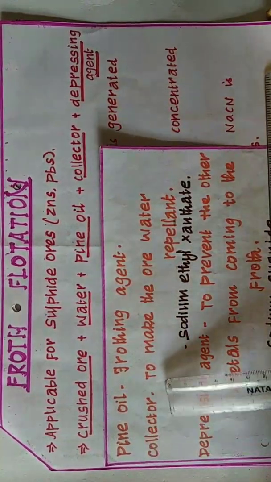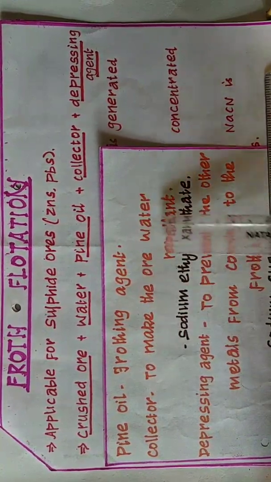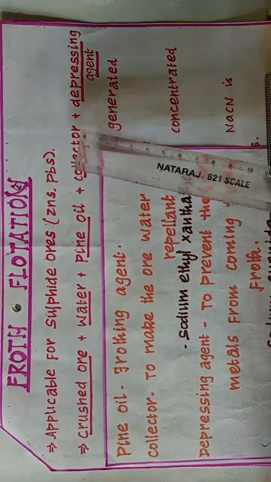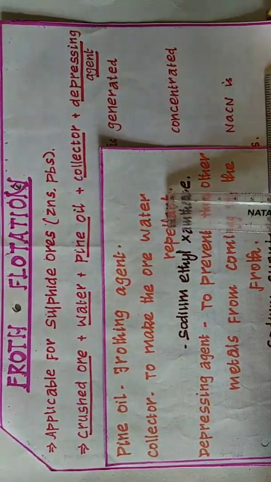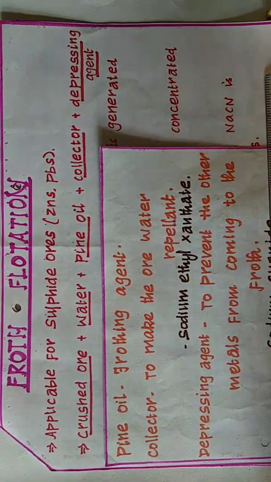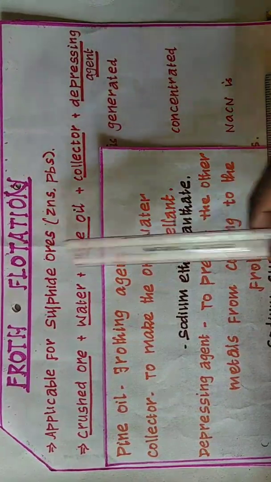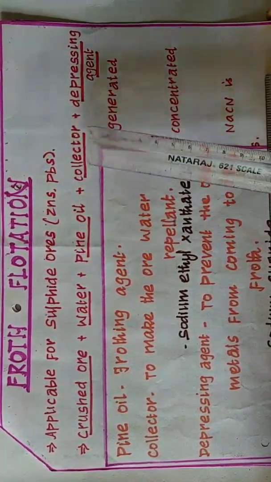Then secondly, the collector. The role of the collector is to make the ore water repellent. By adding this collector, the ore particle will become water repellent, which means the ore will not react with the water. Instead, it can react only with the pine oil. For that purpose, the collector is added.